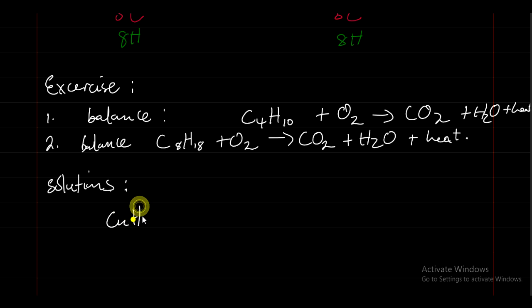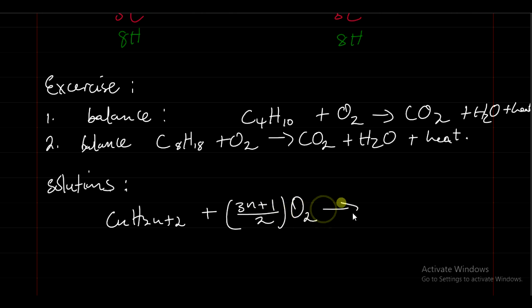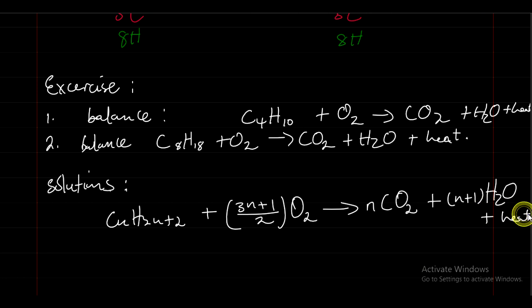The formula says CnH2n+2 plus (3n+1)/2 O2 giving n carbon dioxide plus (n+1) water, plus heat.